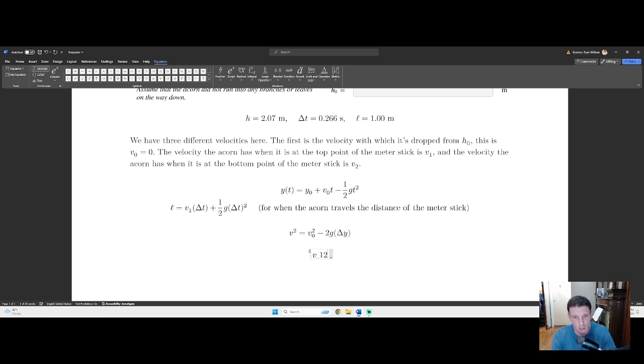That is v1. Okay, so this v1 is the same as this v1. v1 squared equals v naught squared minus 2g, and we have to be careful here, right? We have to use the correct displacement. Now remember that this delta y in general is y final minus y initial, right?